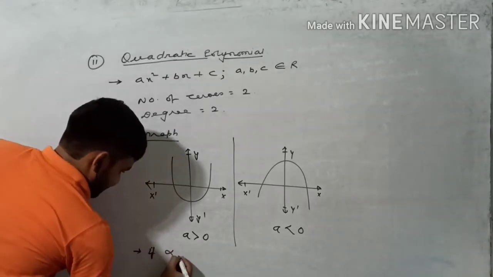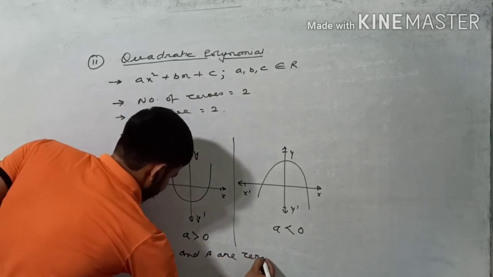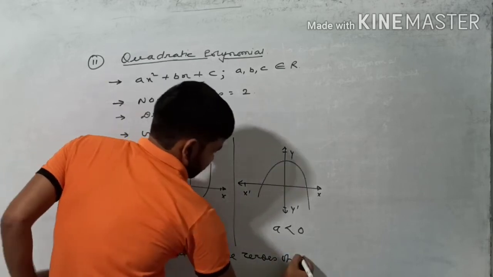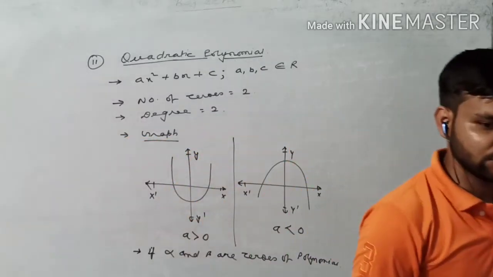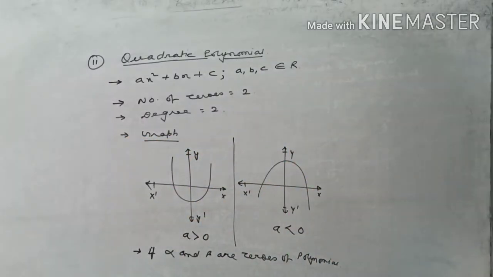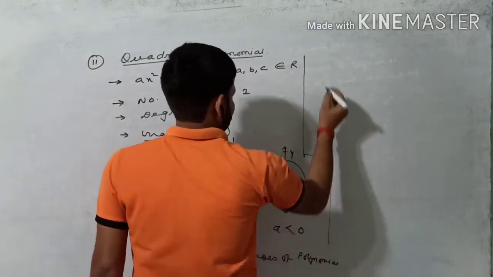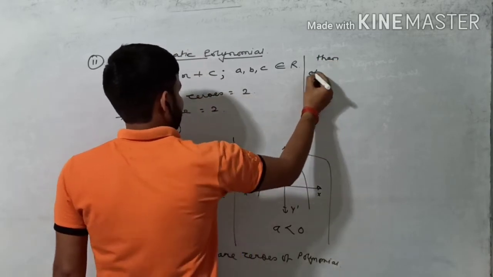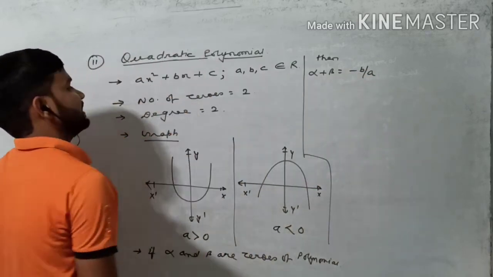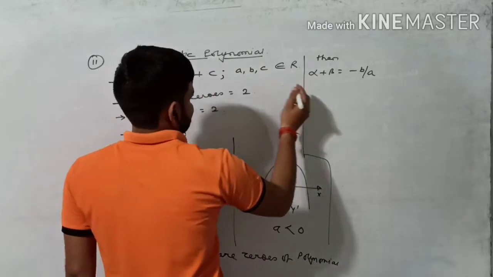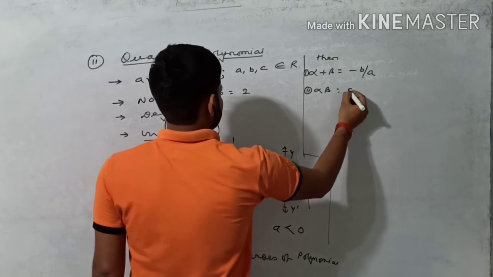If alpha and beta are zeros of the polynomial, then alpha plus beta equals minus b by a, where b and a are coefficients of terms, and alpha into beta equals c by a.